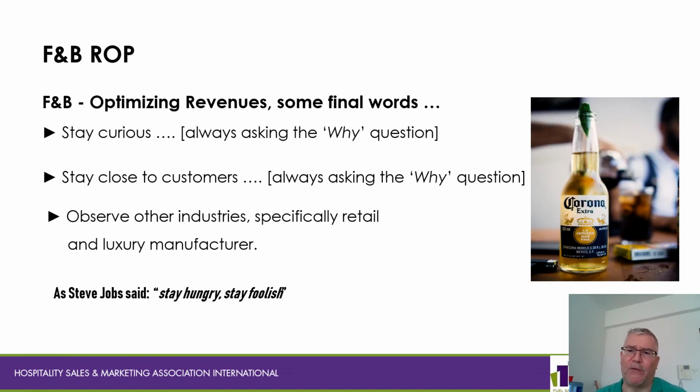Some final words for this very short and brief workshop on revenue optimization planning. Stay curious. Always ask the why question. Why are my customers coming to my restaurant? Stay close to customers. Ask them also, why are you coming back? Maybe not in this type of wording, but the message is clear.